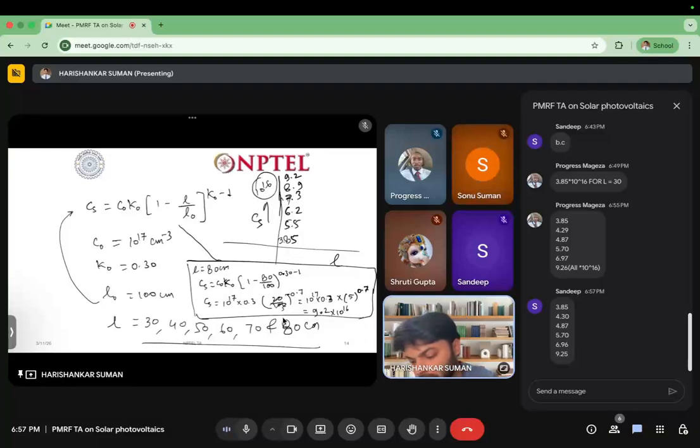Just use the calculator and please check. You have to apply this formula, nothing more, and solve it. So like that. Okay, maybe there is an error, but like that you have to do it.